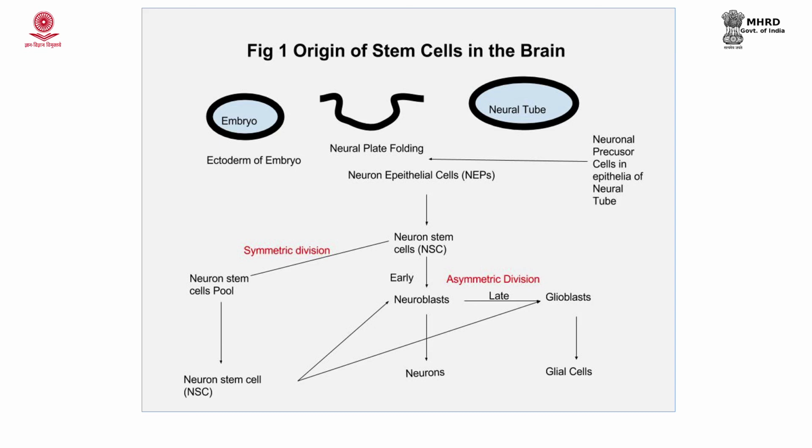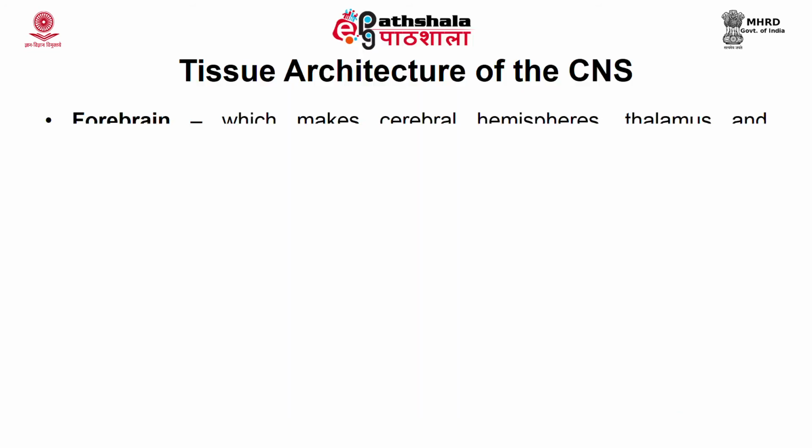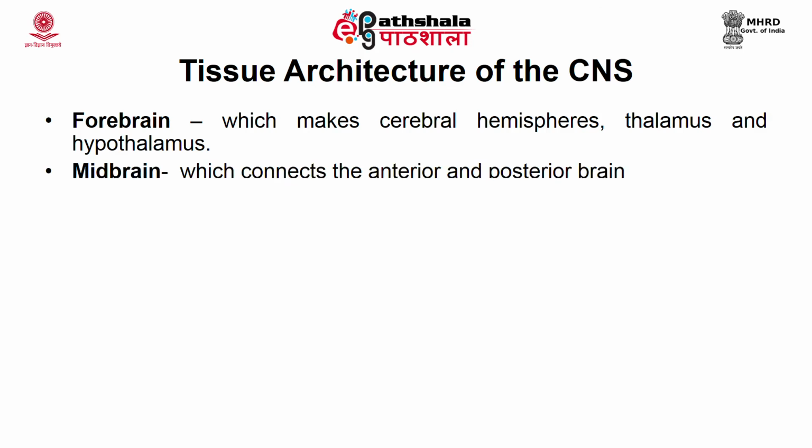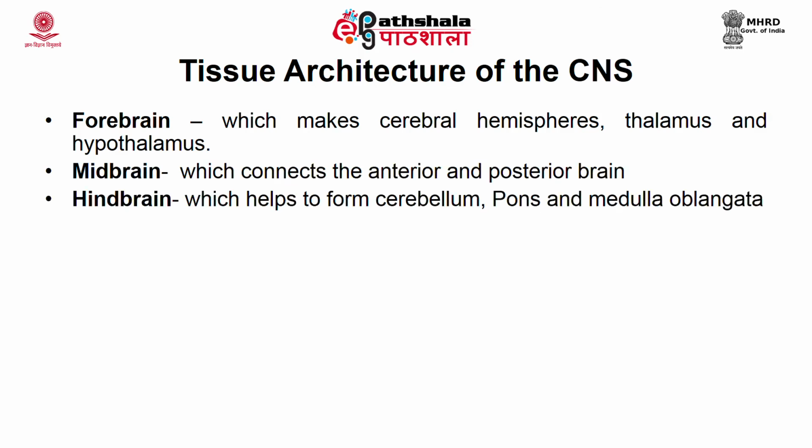The neural tube differentiates to form various regions of the central nervous system. The tubes bulge and constrict at 3 different portions of the brain. This leads to the formation of the forebrain, the midbrain and the hindbrain.